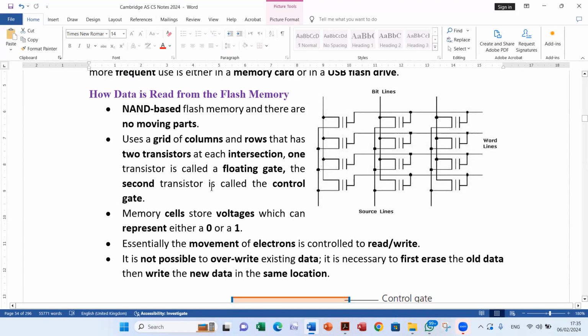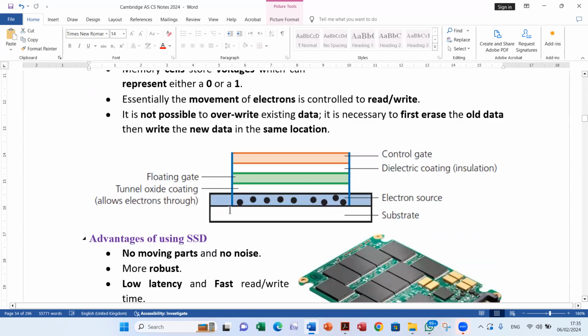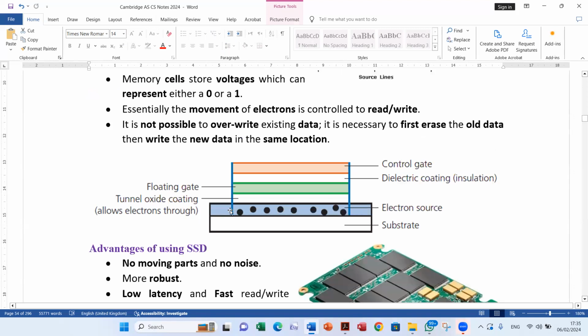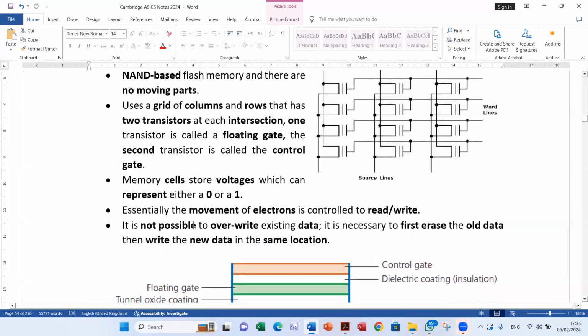It uses a grid of columns and rows, as shown here, that has two transistors at each intersection. One transistor is called the floating gate. The other one is called the control gate. The floating gate floats and stores the 1 or 0. The control gate makes sure that data is not lost when you want to keep it.